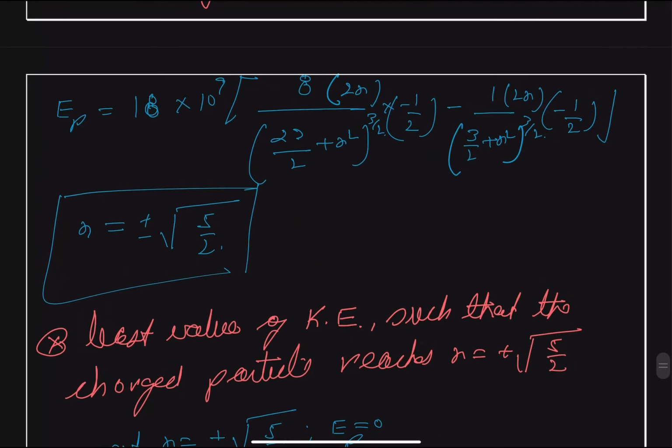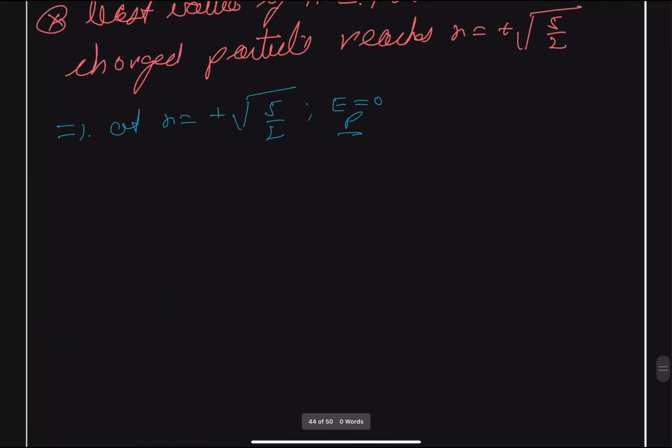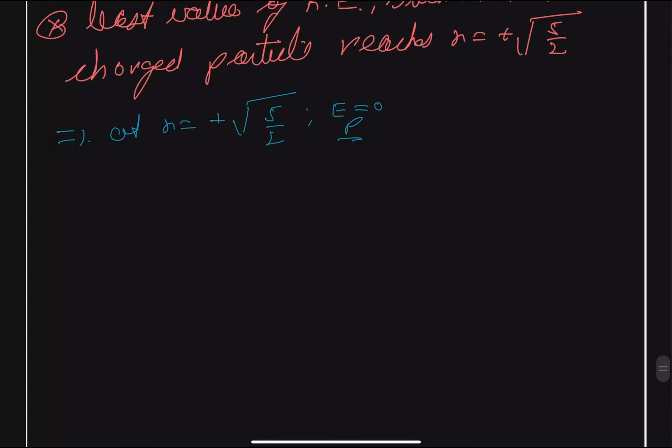Okay, I forgot to mention that we have to solve this by putting EP is equal to 0. Then we are going to get this value. So EP is equal to 0, or we can say the force because of this electric field at point P should be equal to 0. Which basically means that if the value of x is greater than square root of 5/2, our electric field is repulsive.